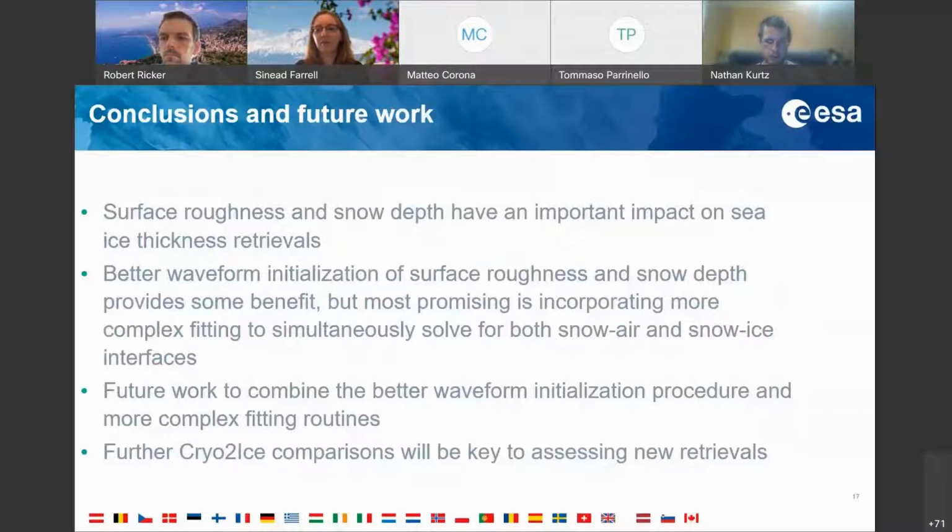Again, seems to work pretty well for the Southern Ocean, and then trying this more for the Arctic. But I think what's really going to be key for the Arctic is the CryoSat-ICESat-2 comparisons, because that'll give us a first look at, a detailed look at how this technique is doing, especially for the Arctic. Okay, that's it.